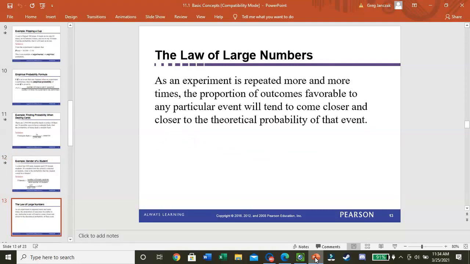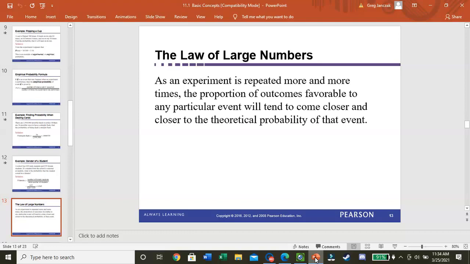All right, the law of large numbers. All that means is the more times you do an empirical event, like I said that we rolled the dice 1,000 times, the larger the number of times you do an experiment, the closer and closer your empirical probability becomes to the theoretical probability.